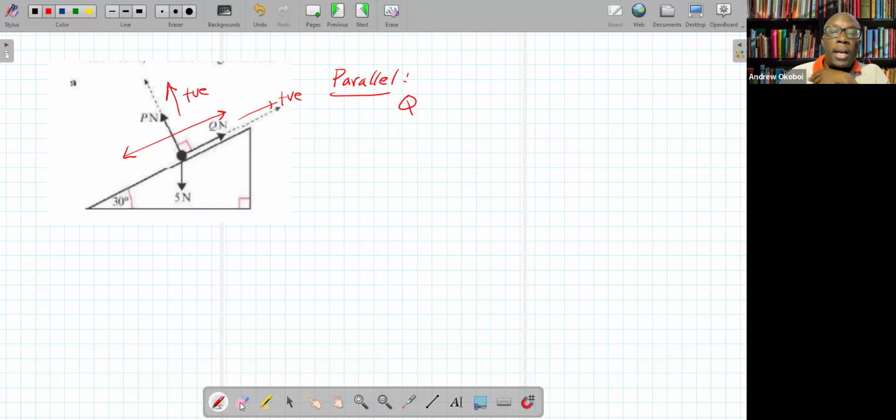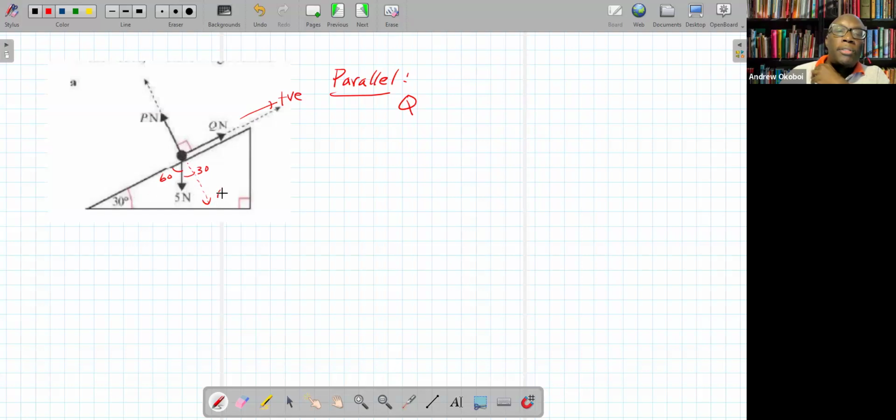Now, I don't have any component of P because P is already on the perpendicular axis. So this is not going to count for parallel. But this one is going to, because this angle here is 60 degrees. That means if I turn it like this, the angle here is 30 degrees. And remember, we said this angle is always the same as this one.